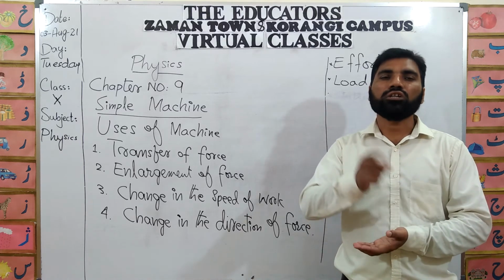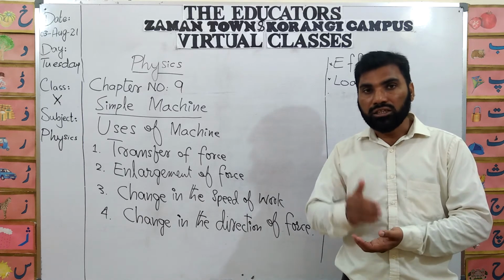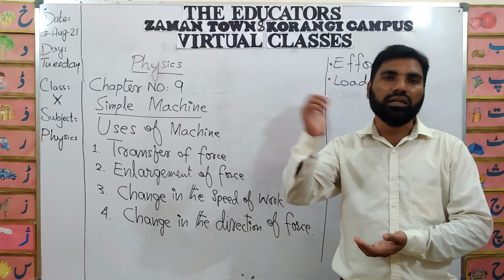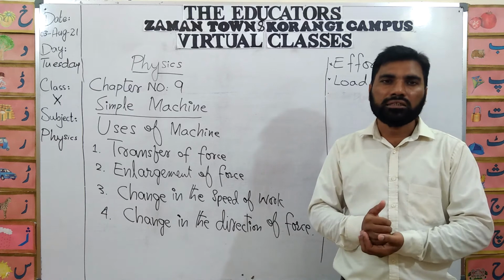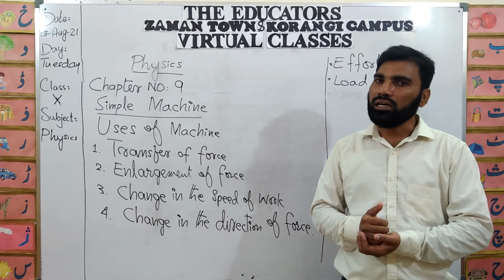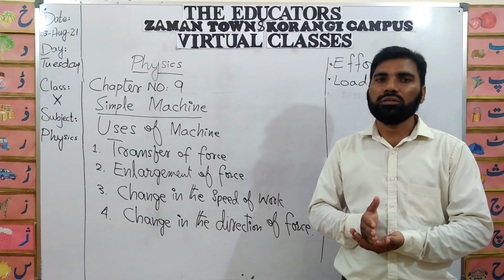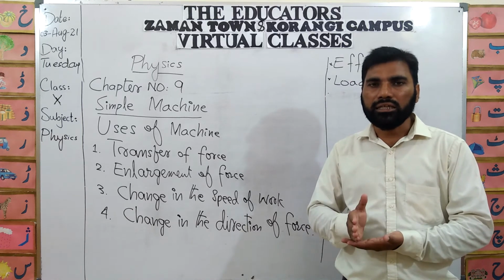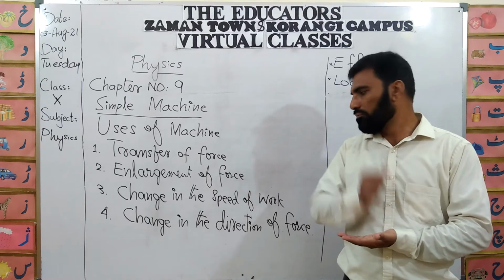The reason is that you are using the bicycle, which is a machine increasing the speed of your work. Same thing, in some cars, gears are used to reduce the speed of the vehicles. So sometimes a machine increases or sometimes reduces the speed of the work.